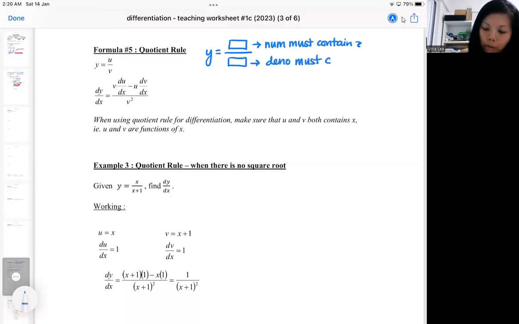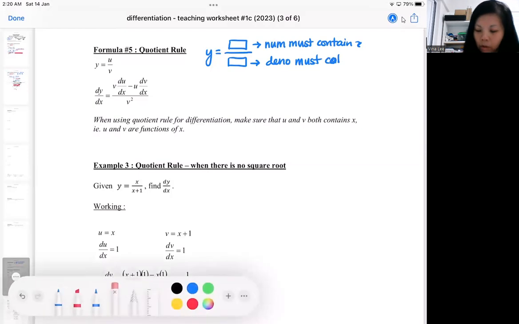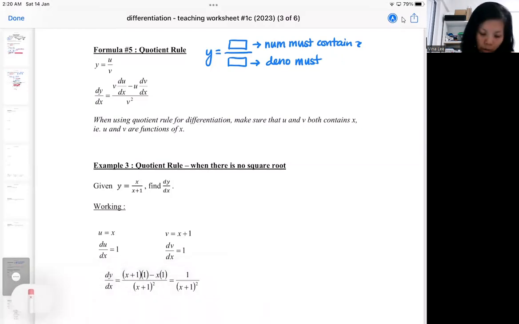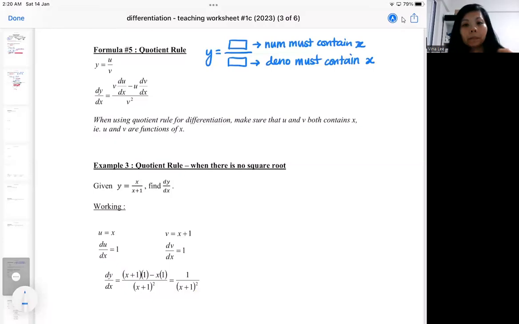So both the numerator and denominator must contain x. What happens when one of them doesn't contain x? We do not use the quotient rule anymore. If you see a fraction, it must satisfy this condition first.